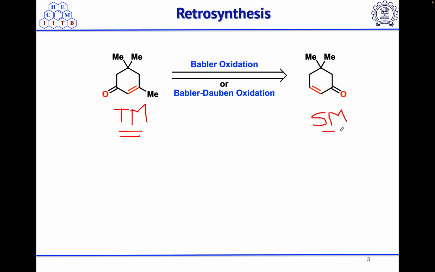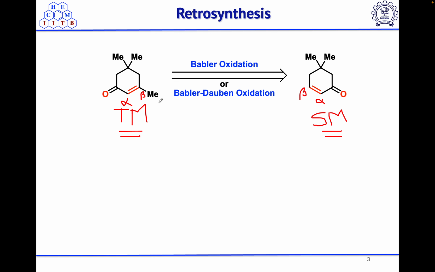If you see the target molecule and starting material carefully, what can you observe? The target molecule has an alpha beta unsaturated ketone, and the starting material is also an alpha beta unsaturated ketone.